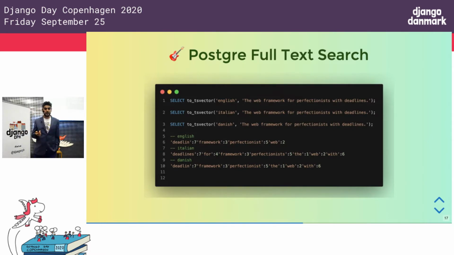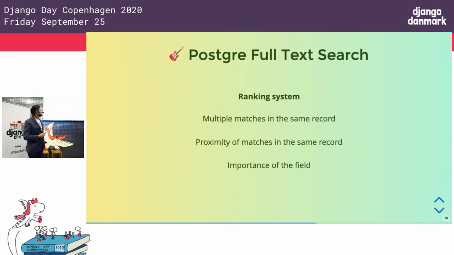For Italian, it is not going to normalize the word deadline because Italian has different rules about plurals, and the word for is not a stop word in the Italian language. Same for Danish. In this case, I think it removed the for word, but it left the and with. So yeah, you have to specify which language you are using.